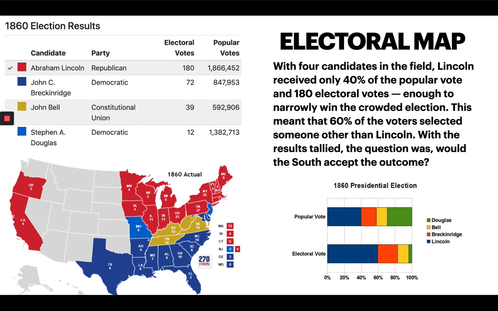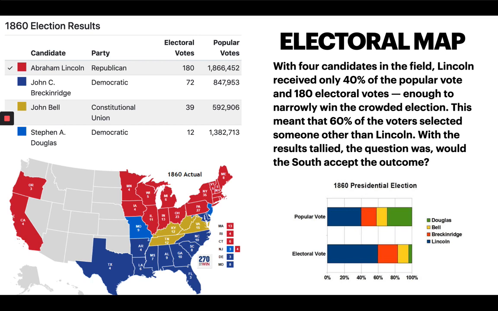Well, if you look at the popular vote, it tells a different story. Popular vote meaning the total number of people that voted for you. Stephen A. Douglas absolutely crushed John Bell in the popular vote. John Bell got 592,000 versus Stephen A. Douglas's 1.3 million.